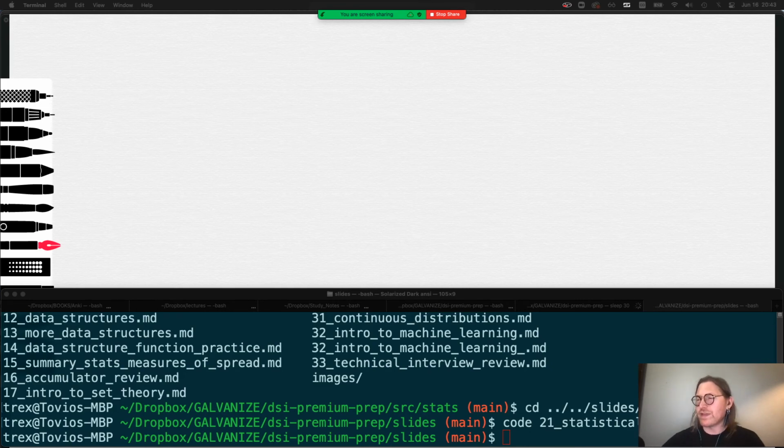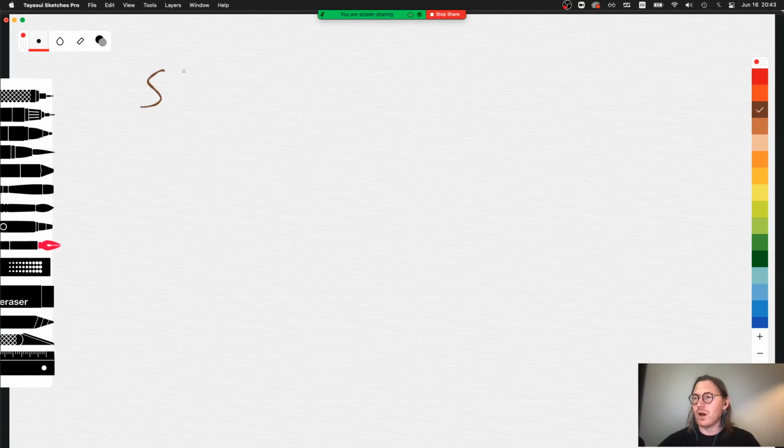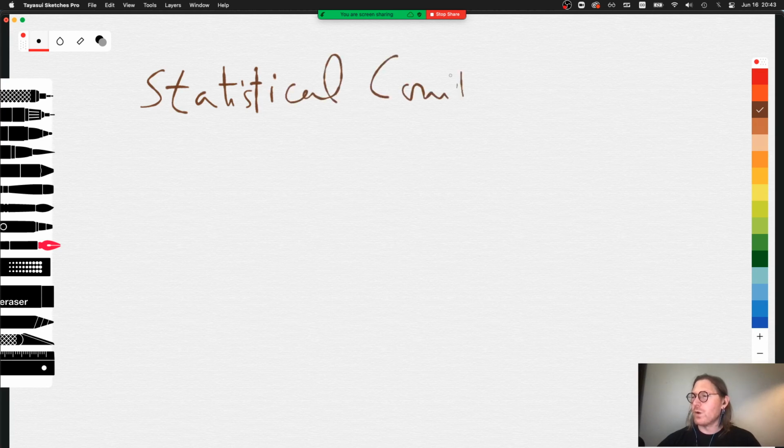We're going to take that idea further and consider statistical counting. We're going to consider scenarios where we don't have replacement, where we get rid of this idea of replacement.